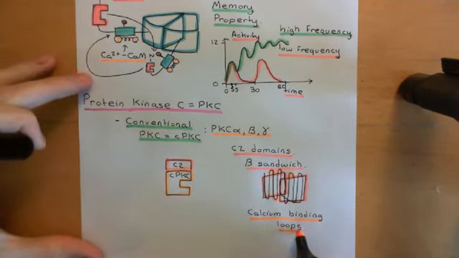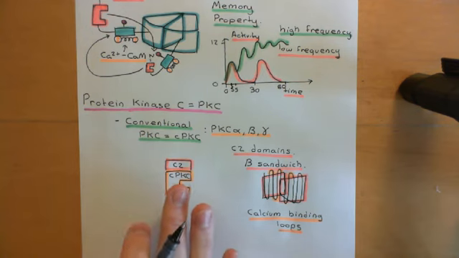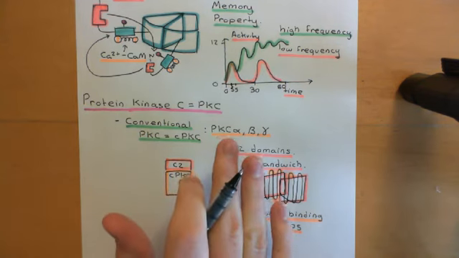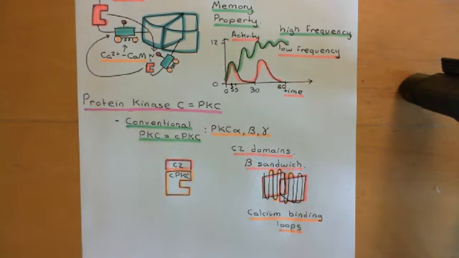C2 domains generally have 2 or 3 calcium binding loops within them, and therefore they can coordinate 2 or 3 calcium ions depending on how many calcium binding loops they have. I don't actually know the exact number of calcium binding loops present in the C2 domains of each of the conventional protein kinase Cs, but it will be around 2 or 3.